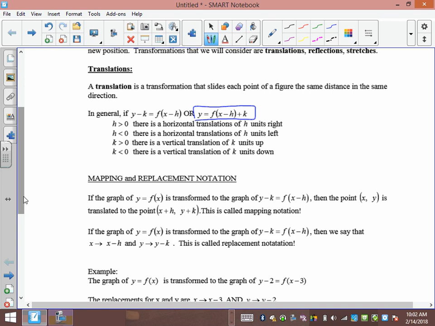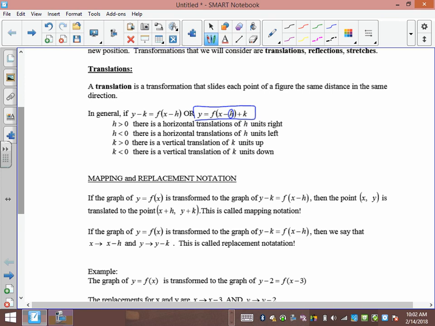Now, don't worry about these things under here because it kind of confuses a person a little bit if you look at these. The catch here is it says if h is greater than 0, so if this h is greater than 0, just the h, then this would remain x minus h, would it not? If the h was positive, that's what it's saying, then it would stay x minus h, wouldn't it?